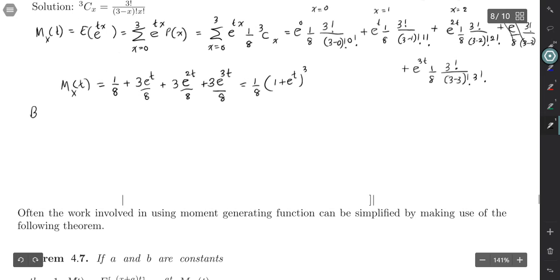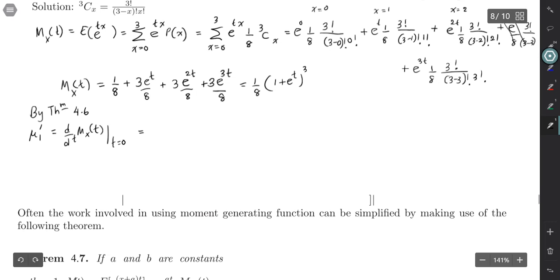By Theorem 4.6, the first moment about the origin is the first derivative of M_X(t) evaluated at t equals 0.